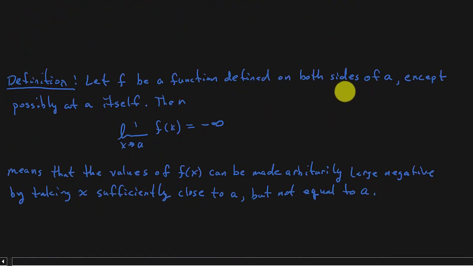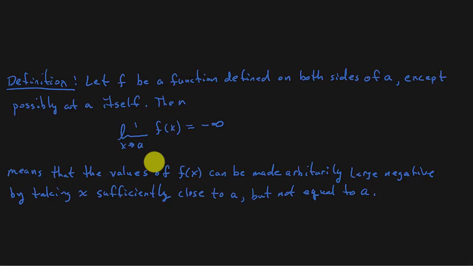And then also a definition: let f be a function defined on both sides of a except possibly at a itself. Then the limit of f of x as x goes to a is equal to negative infinity. So the function could go to infinity, it could go to negative infinity.